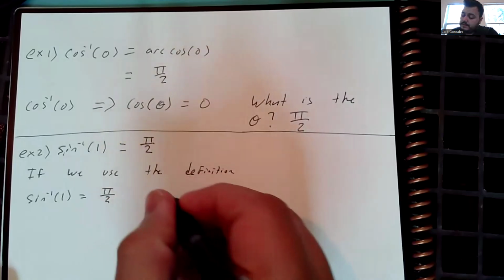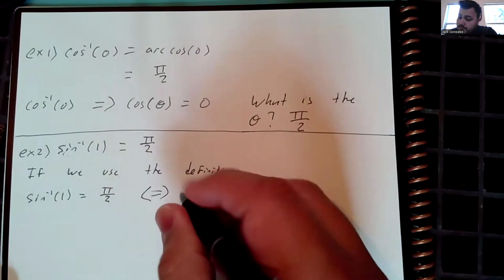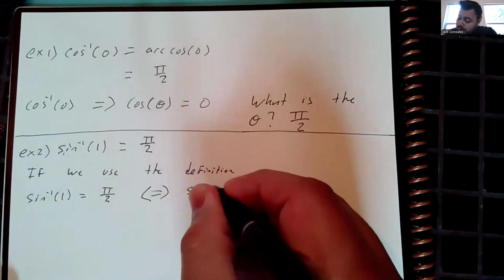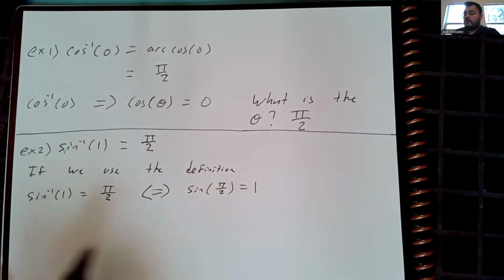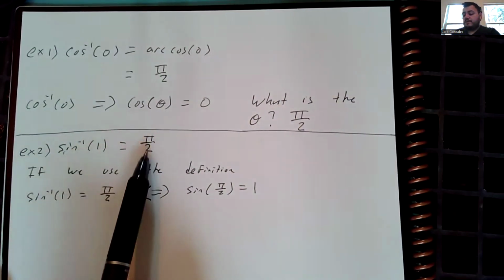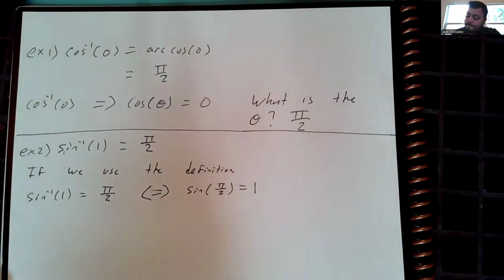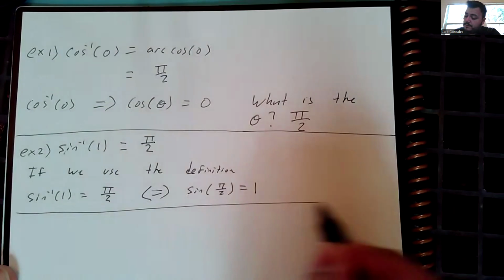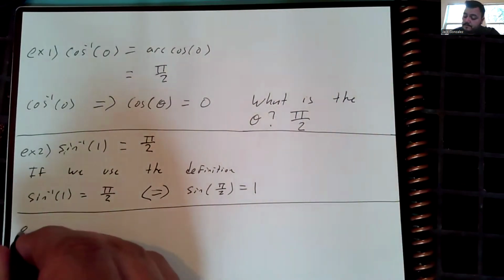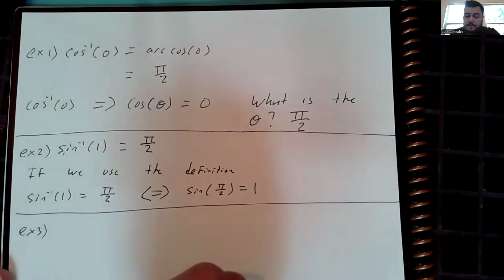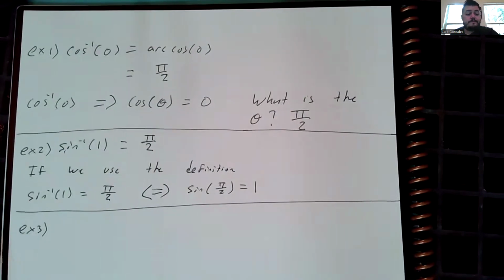That implies, double implication, back and forth, this is true if and only if sine of pi over 2 is equal to 1. So what is the angle? Well, the angle is pi over 2. Then you can change it back and forth. Just remember the domain and range for the inverse functions.